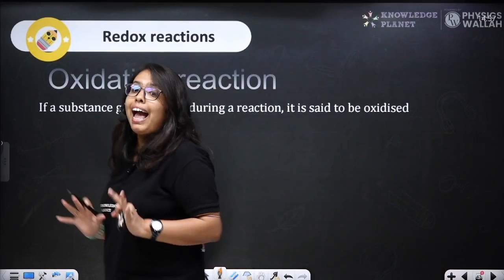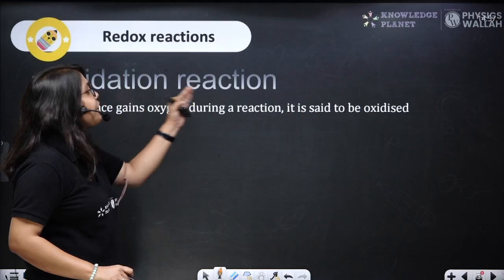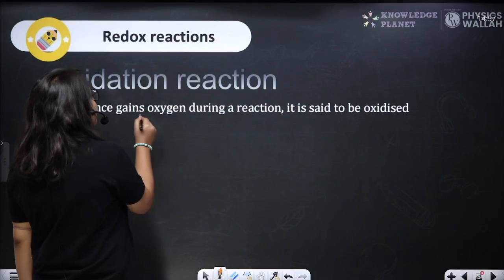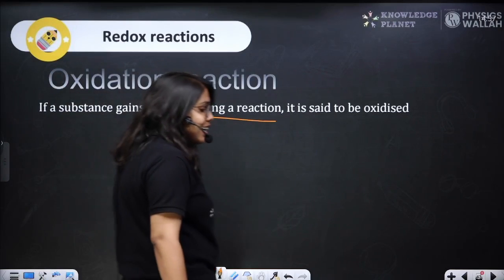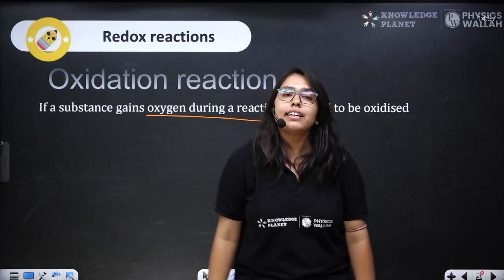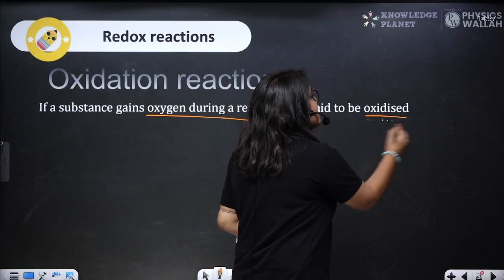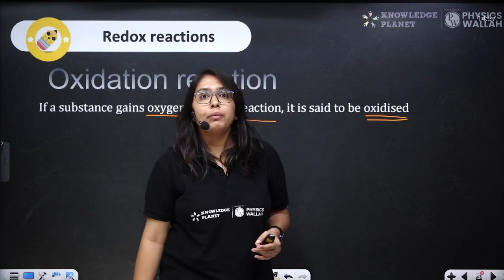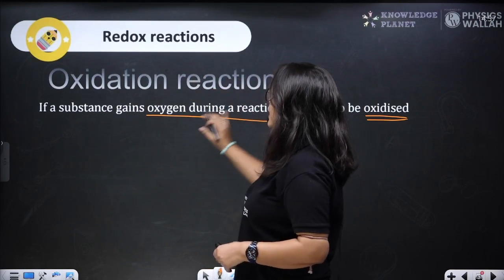Oxygen is being added. So oxidation reactions are those reactions in which oxygen is added during a reaction. Then the reaction is said to be oxidation reaction, and that substance is said to be oxidized. All right. So this is about oxidation reaction.